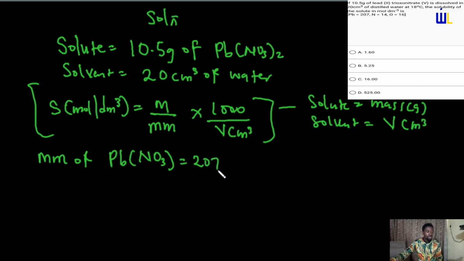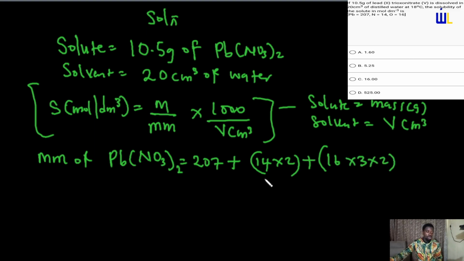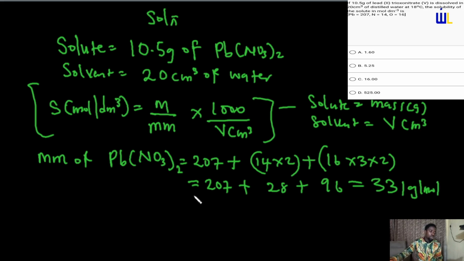Pb is 207 plus nitrogen is 14, but then you notice that it is multiplied by 2, so 14 times 2. Oxygen is 16, but it is multiplied by 3 times 2, so that's 16 times 3 times 2. And when we sum this up, this is 207 plus 28 plus 96, which equals 331 gram per mole.